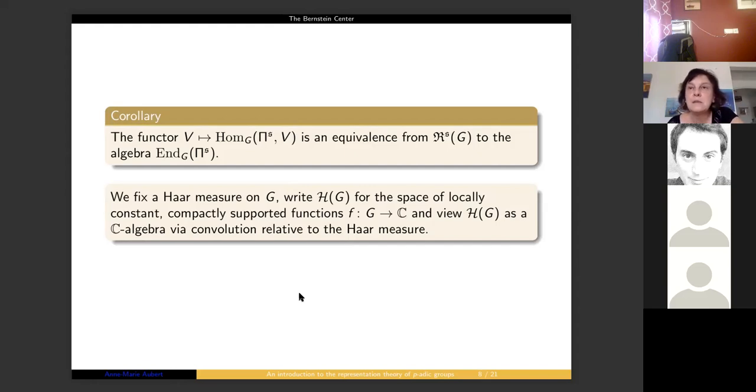But I will emphasize the fact that this algebra has to be, in general, twisted, and especially the way the R group in this situation acts might be difficult to understand.